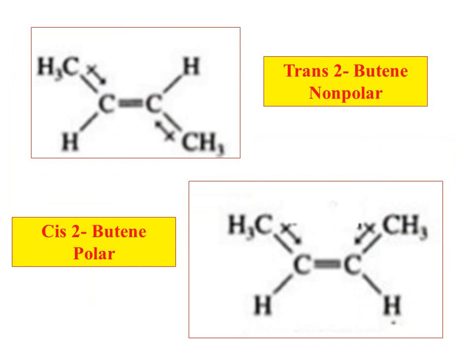Similarly, consider the geometrical isomers of butene. Trans-2-butene is non-polar, whereas cis-2-butene is polar, because of the direction of the bond dipoles. In the trans isomer, the two CH3 groups are in opposite directions, so they cancel, whereas in the cis isomer, they are in the same direction, so it has some net dipole moment.